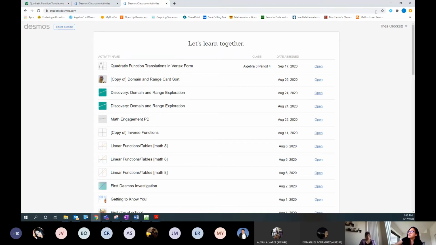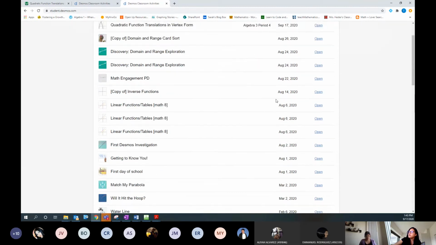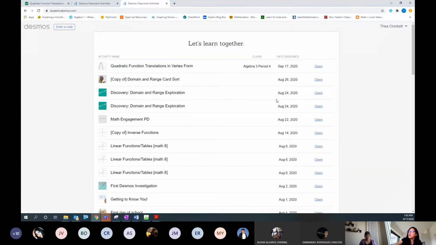So once you have this, add this as your favorite, because this is also one of the places that we give the assignments to you. So this one is a new Desmos page. And you're not going to need a code anymore. Just go to student.desmos.com, and then you would see there all the activities that we're going to give you.